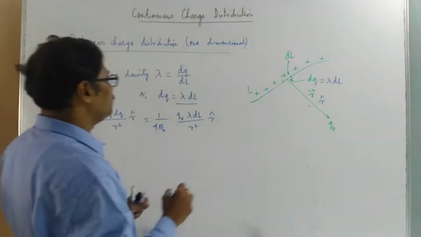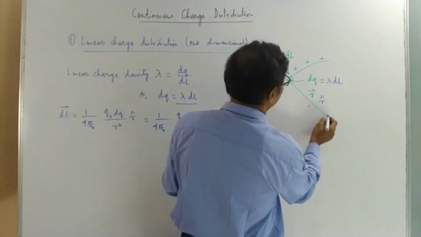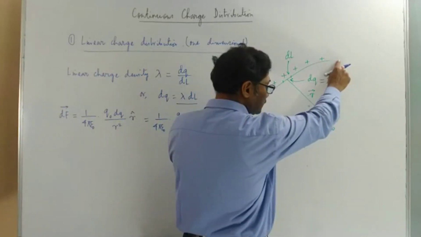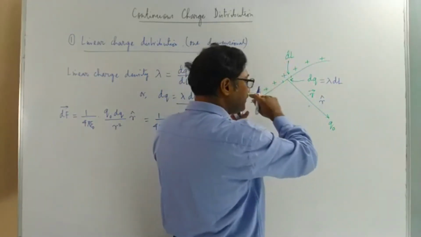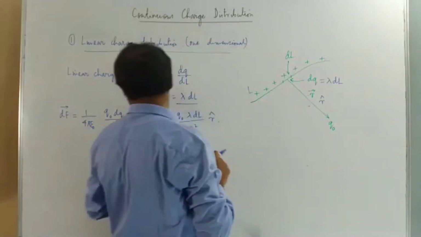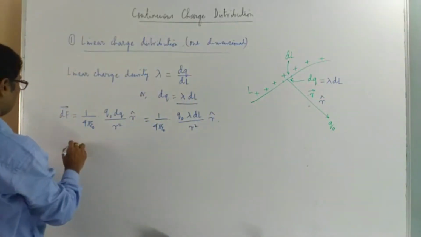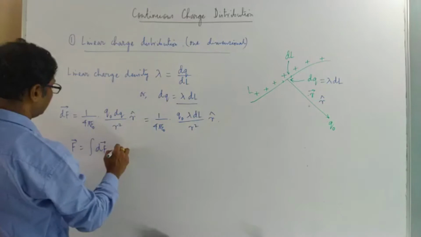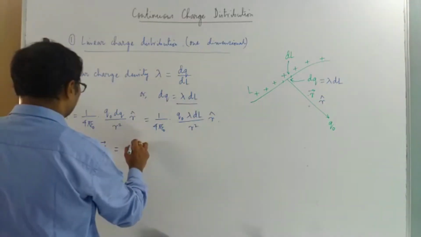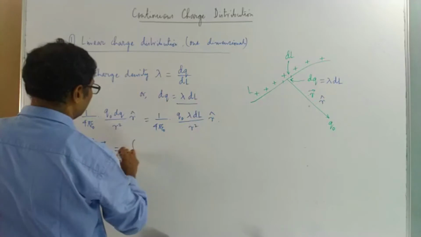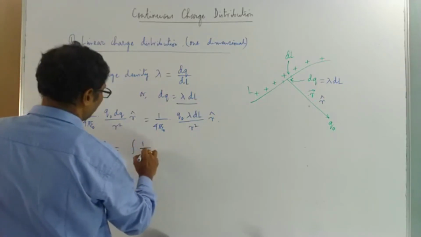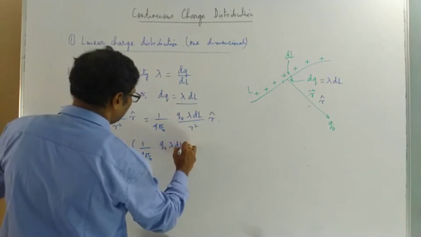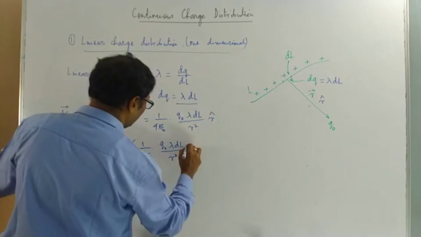So if I now want to calculate the total force acting on q0 due to this entire length of this wire, I have to integrate this over this length L. So I can write F is equal to integration over dF, that means integration over length 1 by 4 pi epsilon 0 q0 lambda dl by r square into r cap.